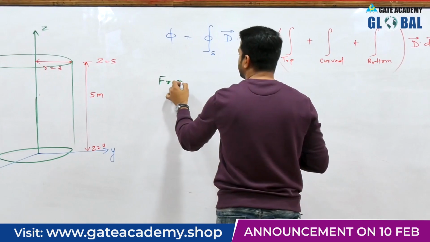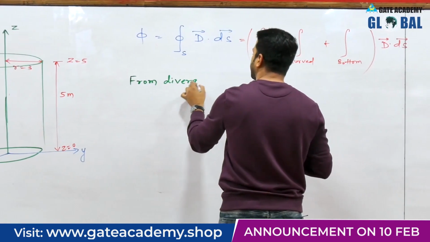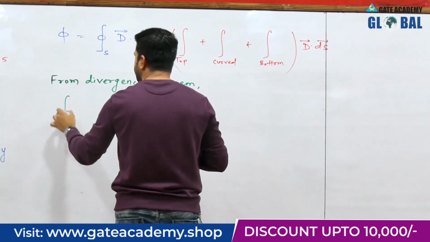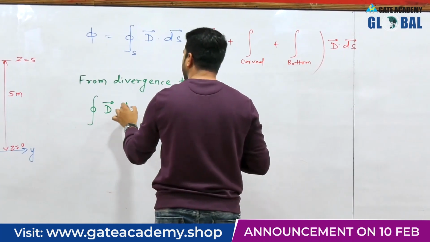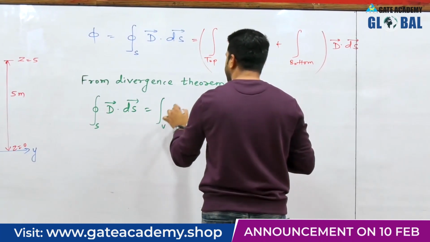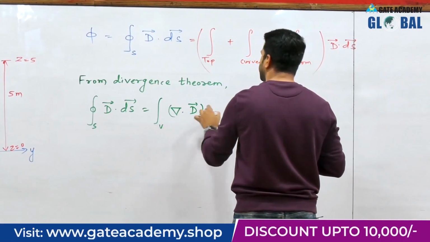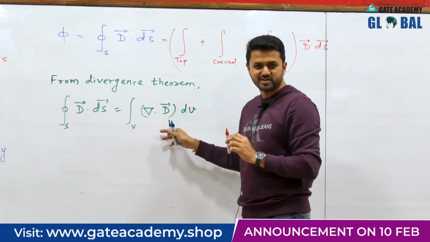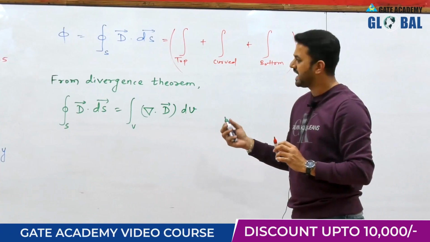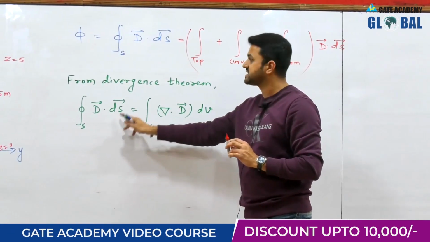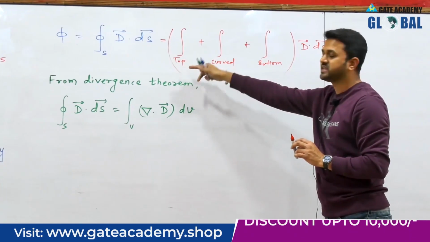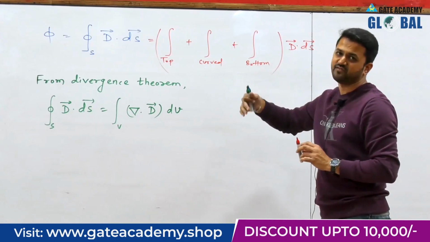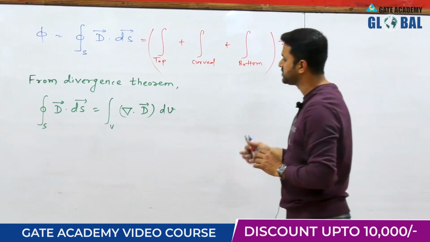From the divergence theorem, the integration over the closed surface of D dot dS can be written as the integration over the volume of the divergence of this vector D dv. This may be the shortest way to solve this question, because the divergence of D is very easy to calculate. In the other method we have to calculate the differential surface, find the direction of the surface, take the dot product, and then when you integrate you will get the correct answer. We will see that solution also.